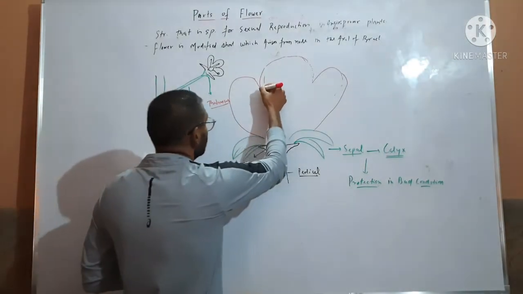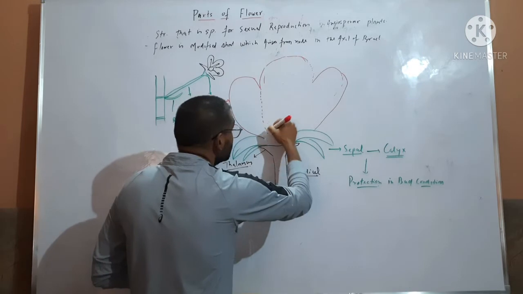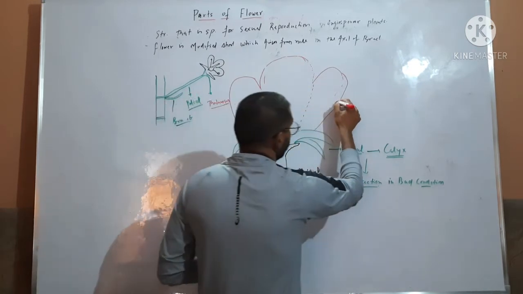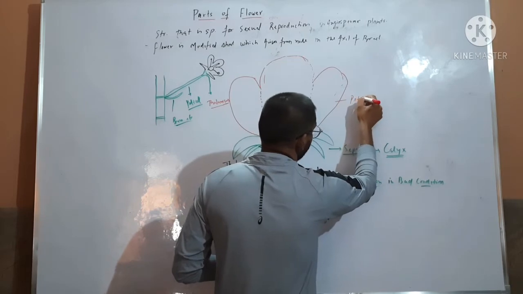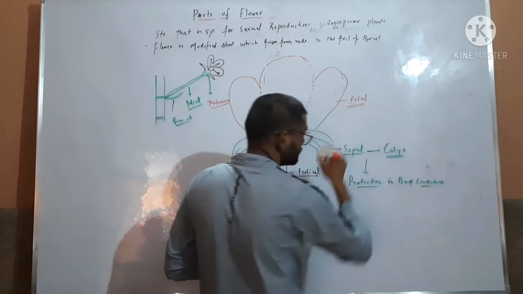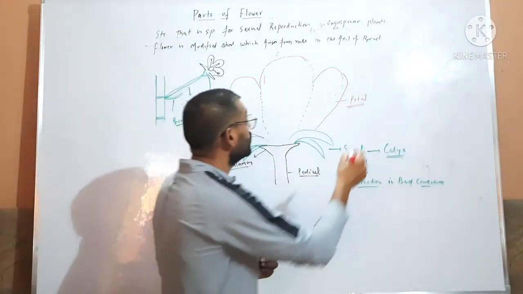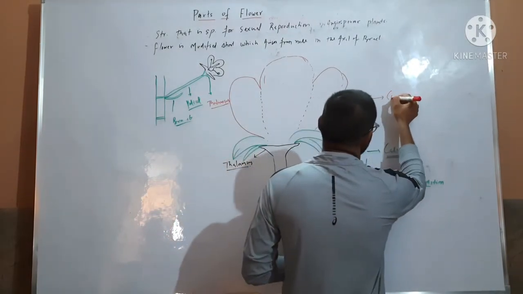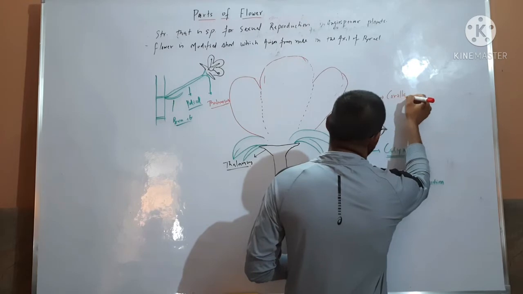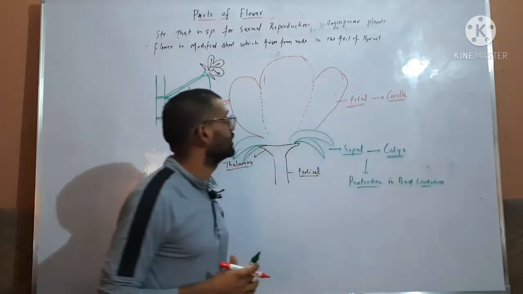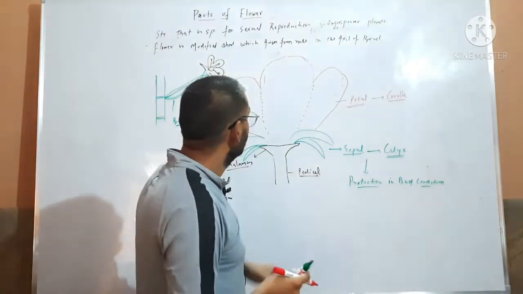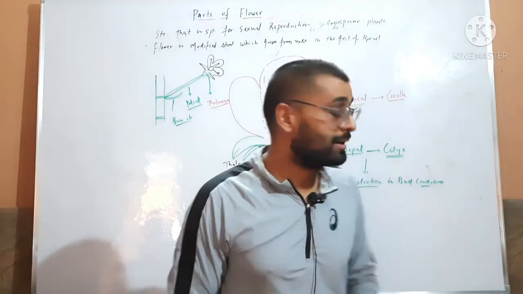This brightly colored structure is called petal. Collectively, all the petals of a flower are called corolla. So what is the function of this colored part?